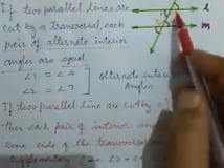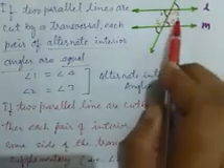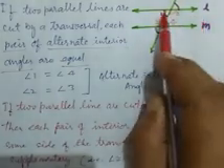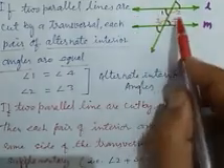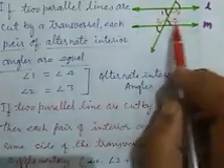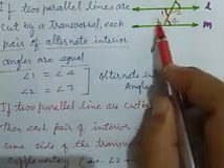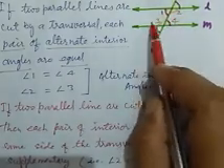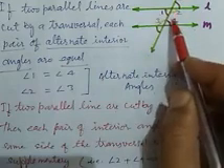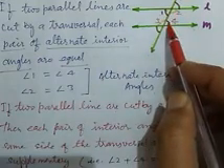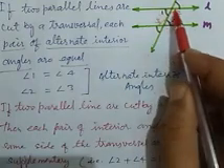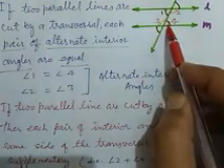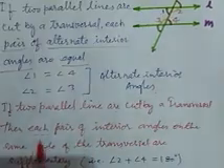This is the transversal and 2 and 4 are on the same side, the right side, and 1 and 3 are also on the same side, the left side. So these interior angles also make a pair of supplementary angles. Okay, how? We check.